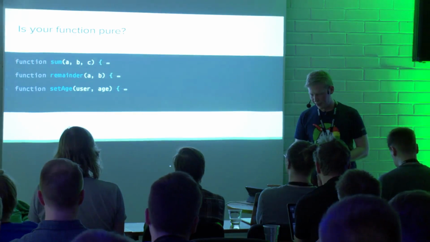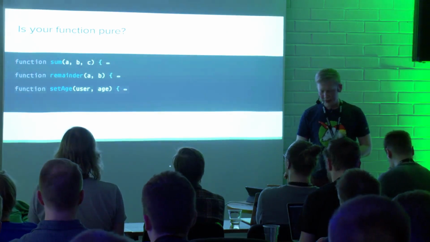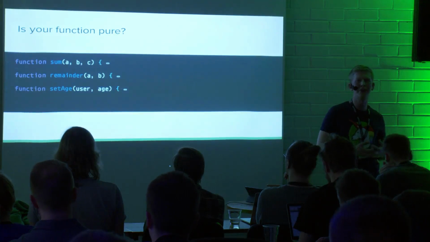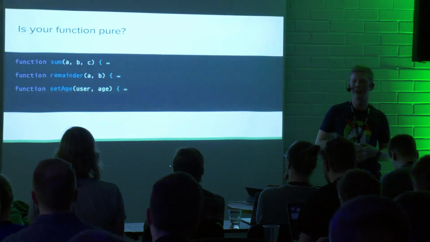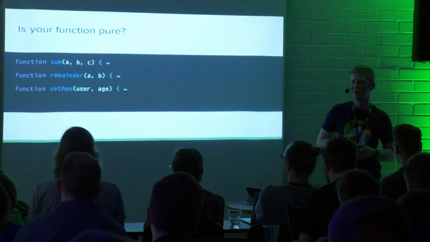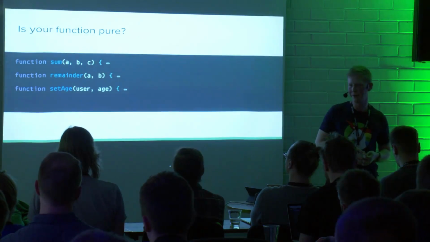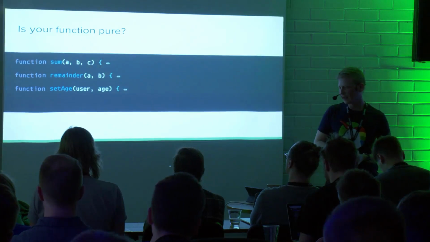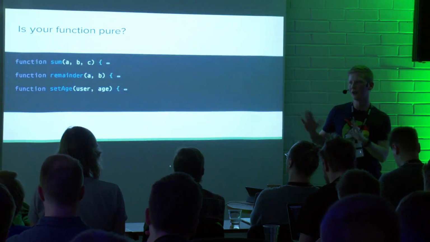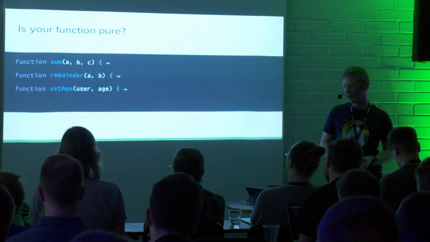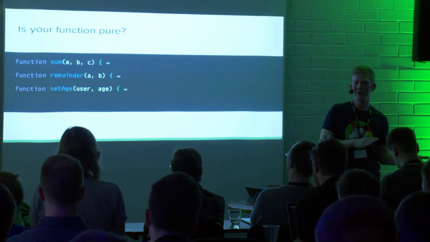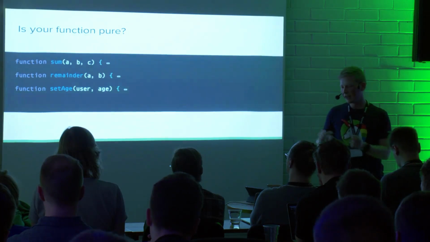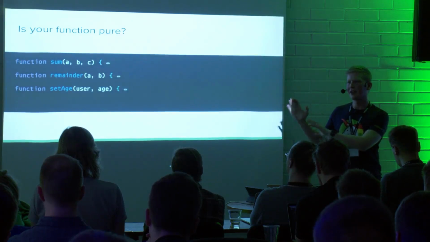Okay, so there's this concept of pure functions, which is a very core thing in functional programming. A pure function has no effect on the world around it, it doesn't have a state of its own, and it doesn't need to access any state outside it.